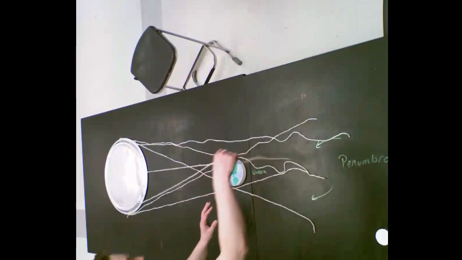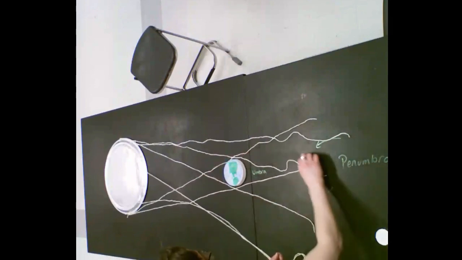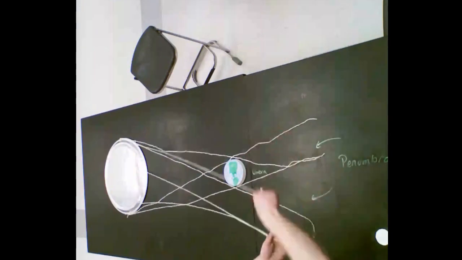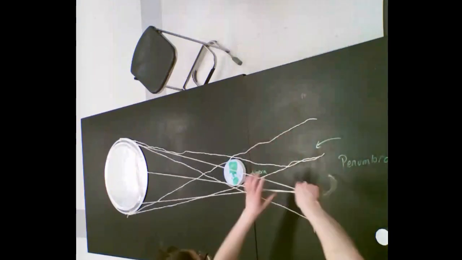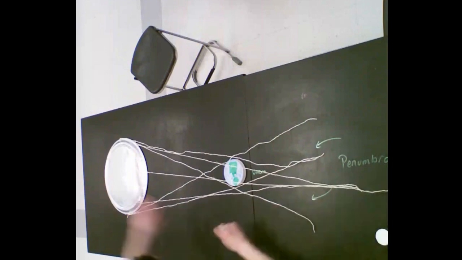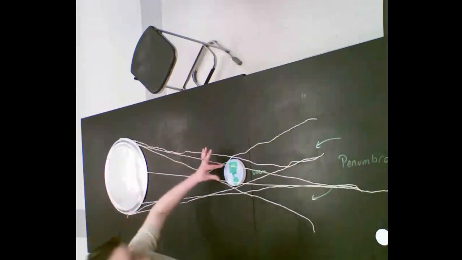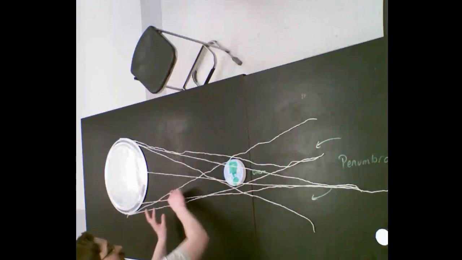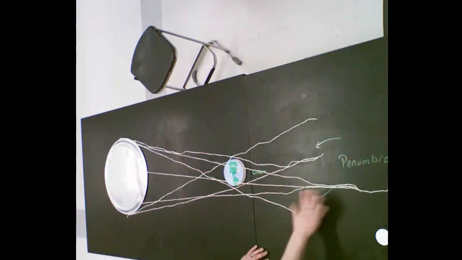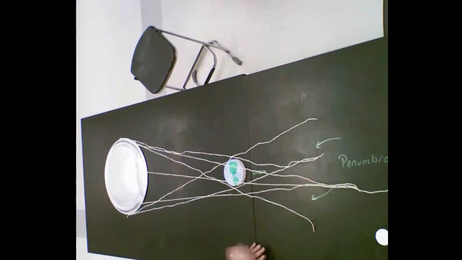The same thing happens down here. In this lower penumbra, you can see these two rays of light hit the Earth, and this one here can travel unimpeded. Meaning, things in here can be hit by light, where things in the umbra can't be hit by light.